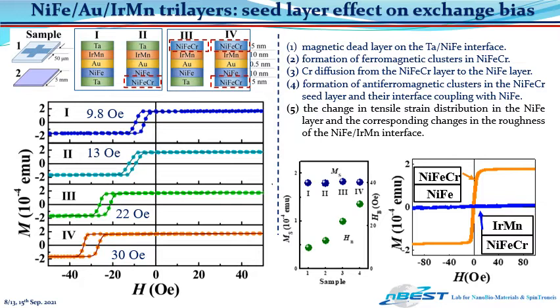This might be attributed to multiple origins, like the formation of a magnetic dead layer between tantalum and nickel iron, or the chromium diffusion into the nickel iron. But the most probable explanation of this increase in the exchange bias was the change in the tensile strain distribution in the nickel iron layer and the corresponding changes in the roughness, which give rise to the exchange bias value.